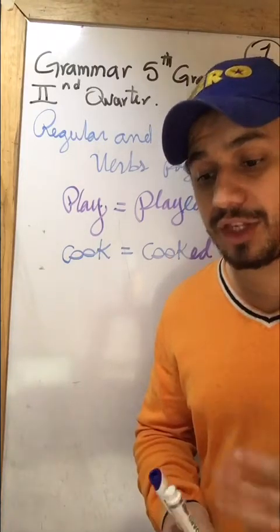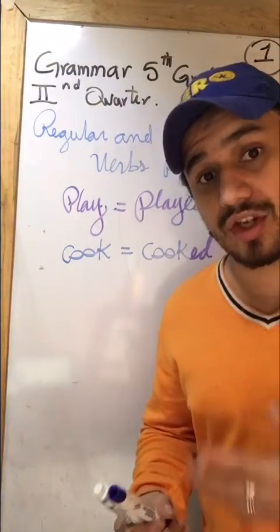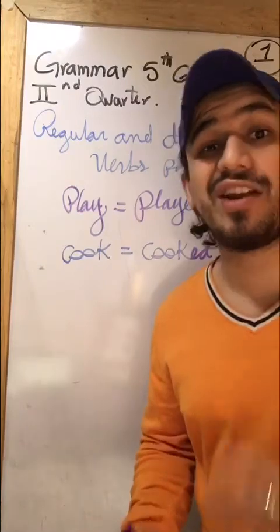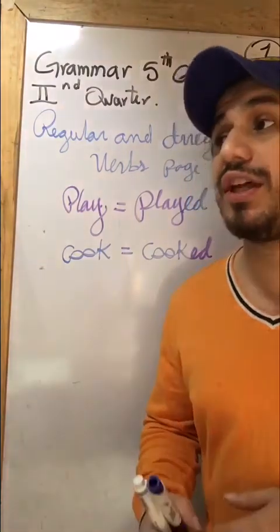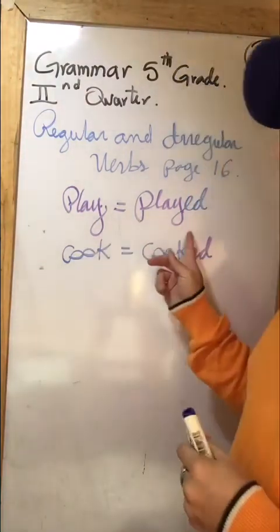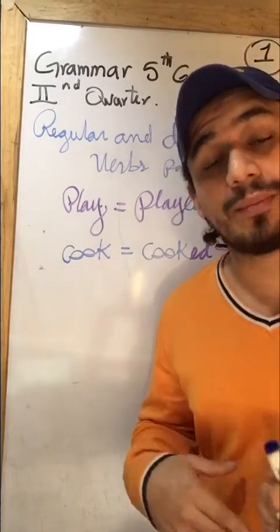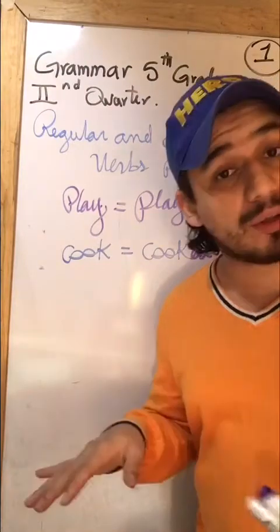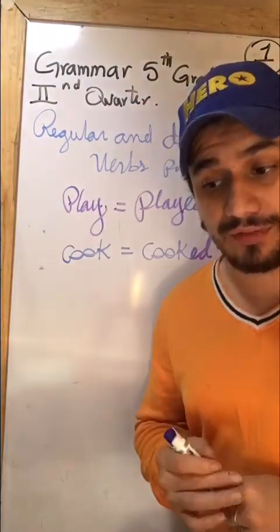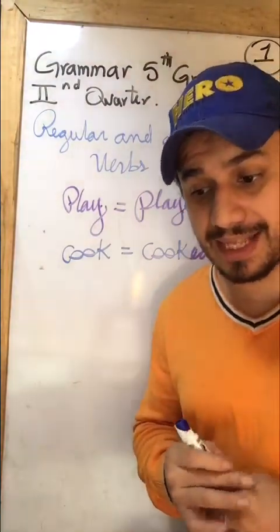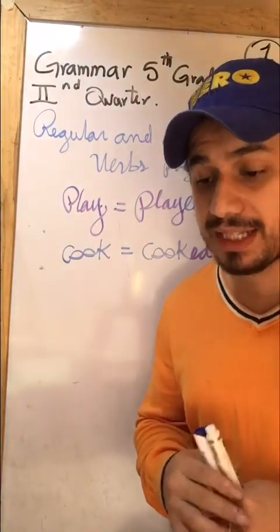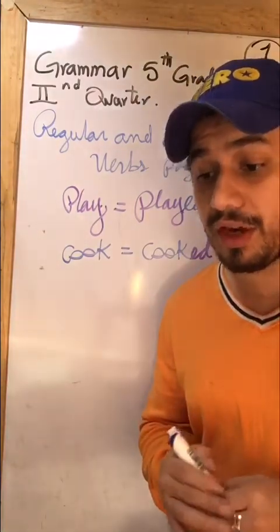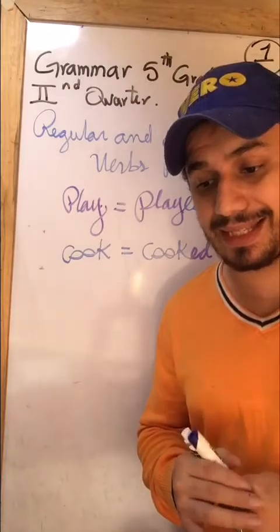But there's also a big chunk of examples that are irregular. Verbs that you can not only add ed to make them past, but they are completely different words. It says in there, irregular verbs do not follow the same rules as regular verbs from forming their past tense. They must be learned. Below is a list of some of the common irregular verbs in their present and past tense forms.